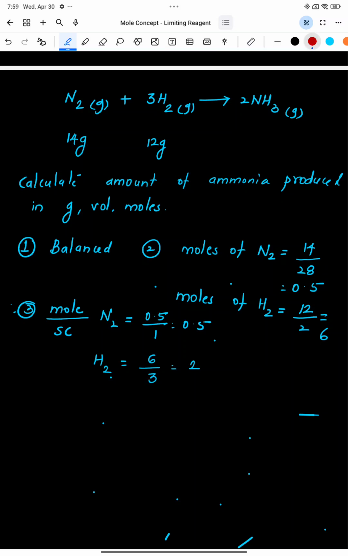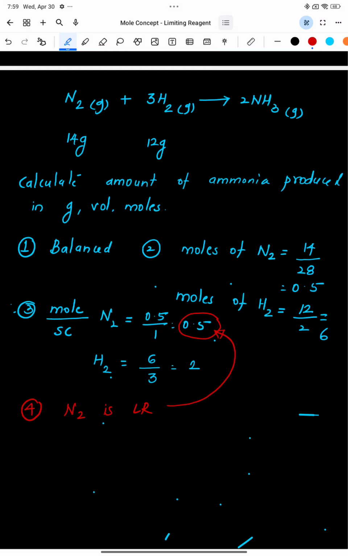And now looking at step 3, we realize that N2 is our limiting reagent. Why? Because the mole to stoichiometry ratio is lower for nitrogen.